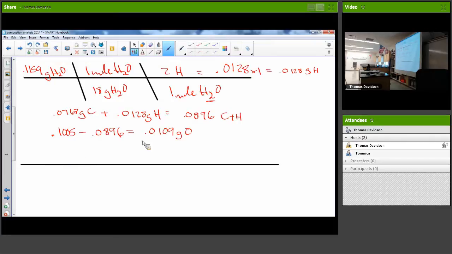So now, what do I do to my grams of oxygen? Do I want grams? No, I want moles. So to do that, I have 16 grams for every 1 mole. That gets rid of grams. Now I have a number of 0.00 something. Or is there another one? 0.000 what?